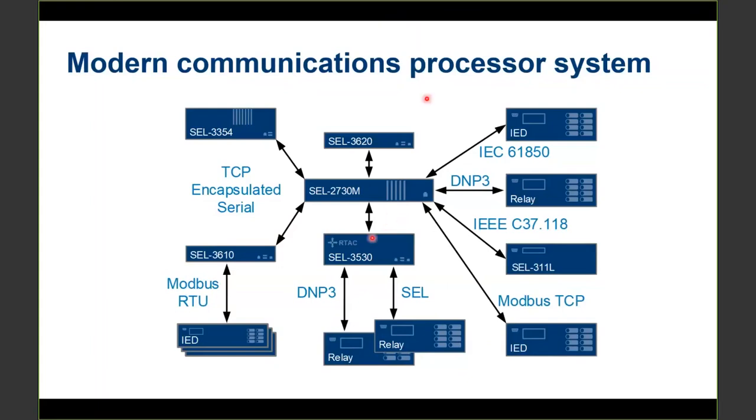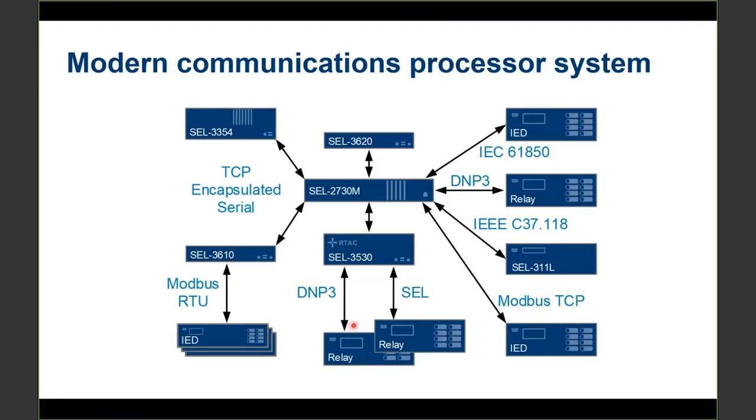So, for example, I can poll my relays using the serial connections and use the Ethernet connection to connect my AirTag to an Ethernet switch, for example our 2730M switch. Specifically about this device, the 3530, it has 3 independent Ethernet ports and up to 33 serial ports. It's a good number of serial ports.